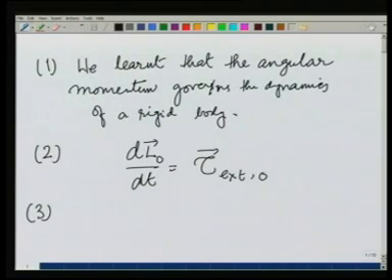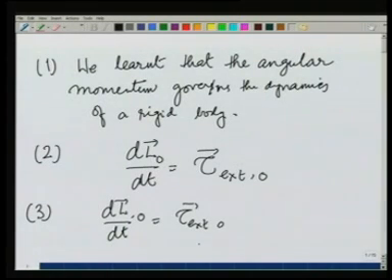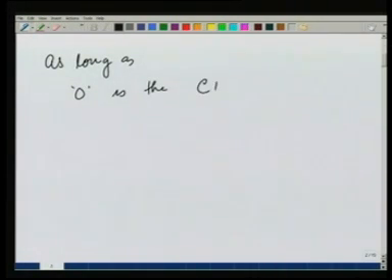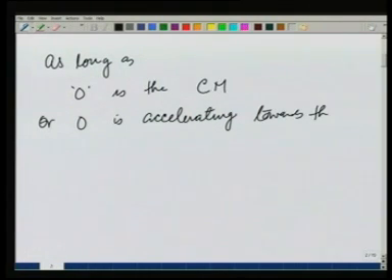This equation, dL over dt equals tau external O, is true about a point O as long as O is the center of mass or O is accelerating towards the center of mass.